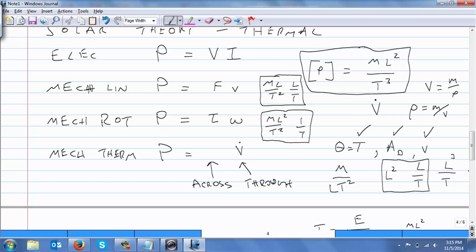Good? Good. Now, we're going to take the time derivative of both sides, and we can write that the volumetric flow rate is equal to the mass flow rate divided by density. So I just divided both sides by time. So what we can do is replace the V dot with the M dot.